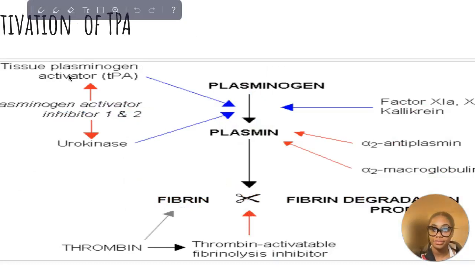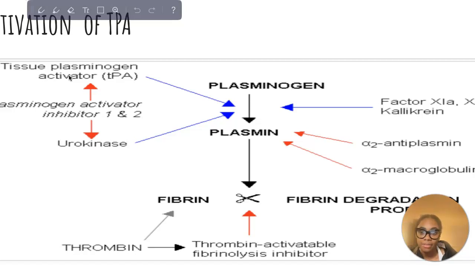The activation of TPA is a critical step in its clot-busting function during the treatment of ischemic strokes. TPA operates as a catalyst, specifically activating plasminogen, an inactive precursor, into plasmin, a potent protease responsible for breaking down fibrin within blood clots.